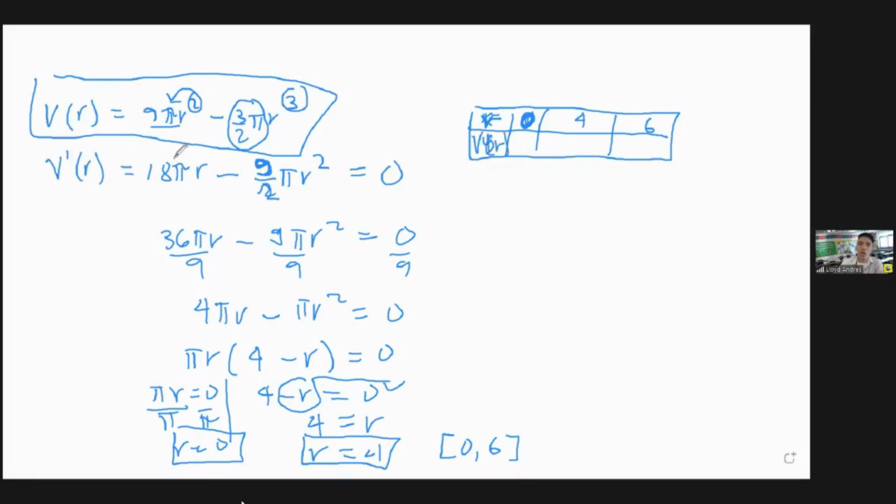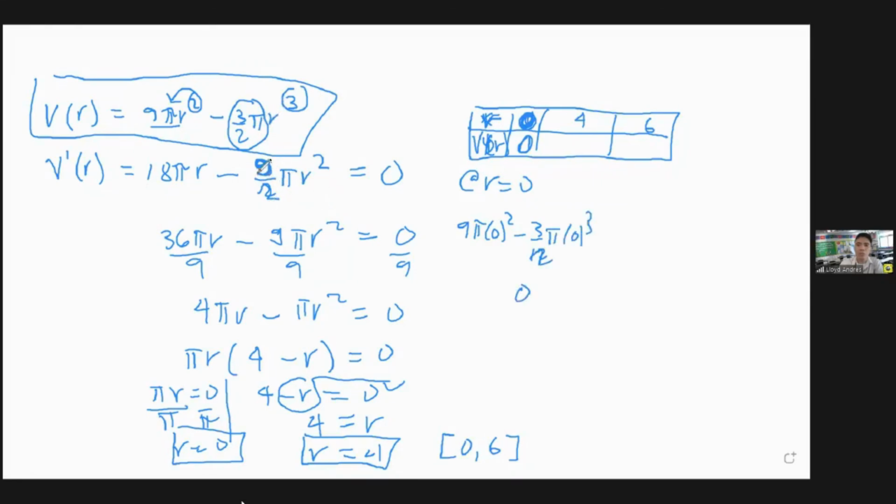So if r is 0, everything becomes 0. So this is 0, because 0 cubed is 0, and 0 squared is also 0. What about 6? Let's do it here. At r equals 0, it becomes 9 pi times 0 squared minus 3 halves pi times 0 cubed. So that becomes 0.